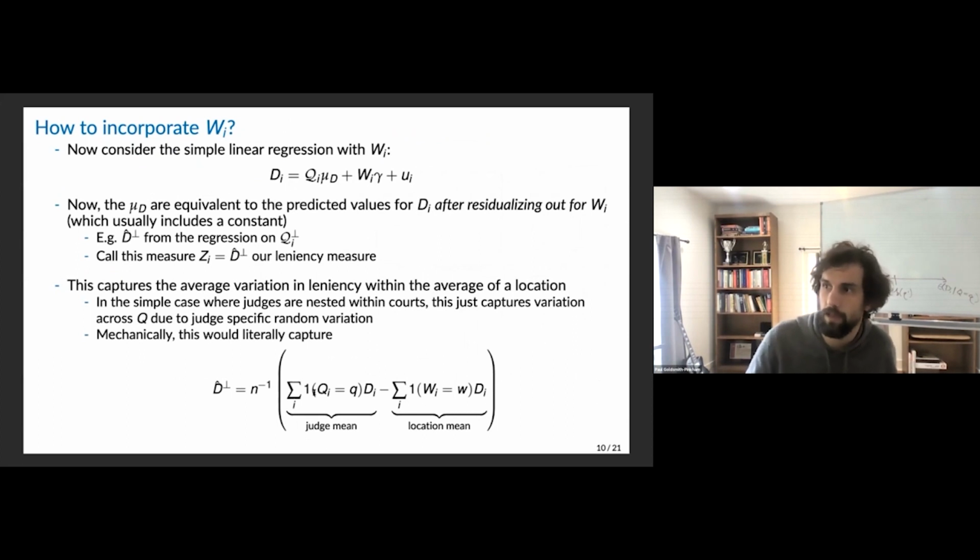They take the within-judge mean, sum up what the average effect is within a time period, subtract off the location mean or whatever other things they need to control for, and use that predicted measure as their leniency.